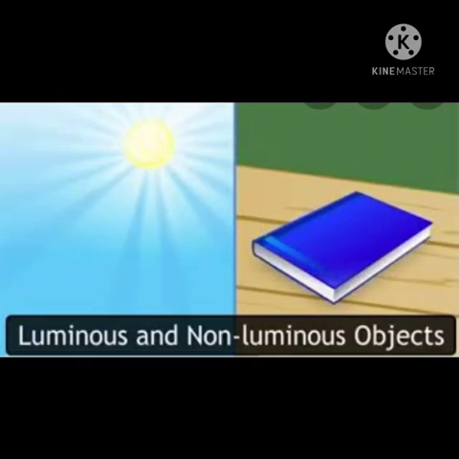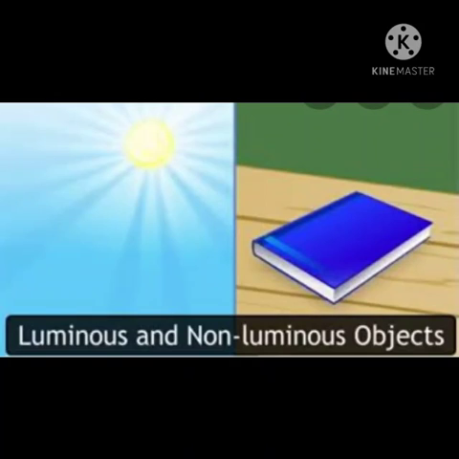For example, an electric bulb gives light due to the flow of electric current. All stars shine using their core energy by nuclear fusion. Both electric bulb and stars are luminous objects.